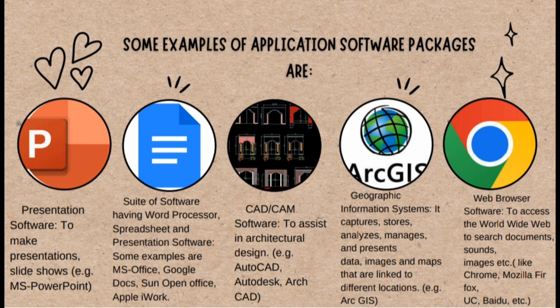Geographic Information Systems capture, store, analyze, manage, and present data, images, and maps that are linked to different locations. Web browser software is used to access the World Wide Web, to search documents, sounds, images, and many more.